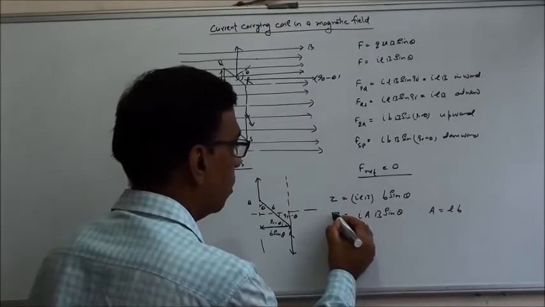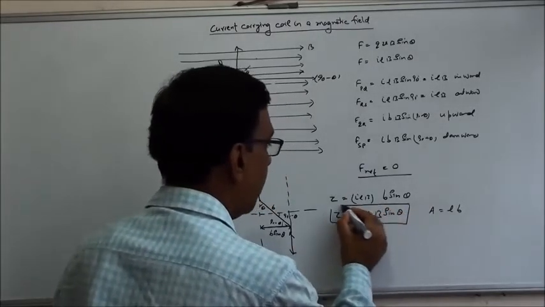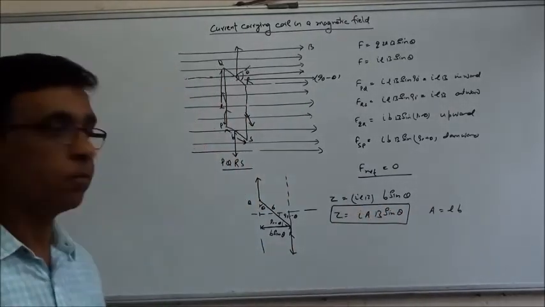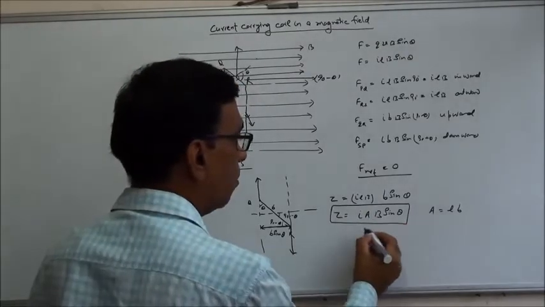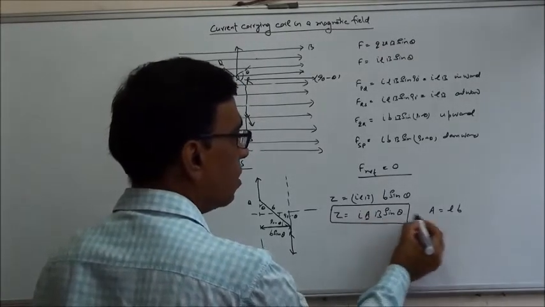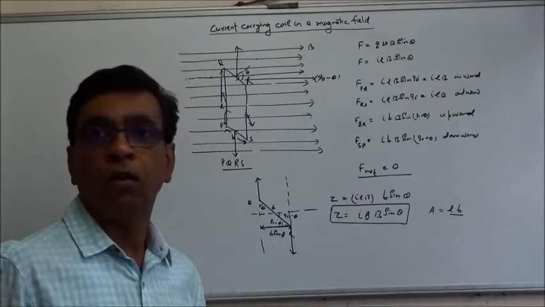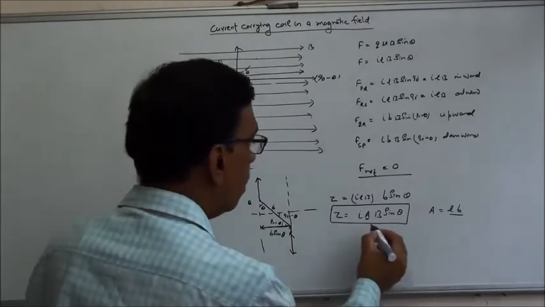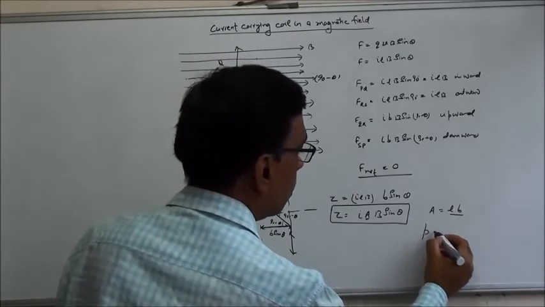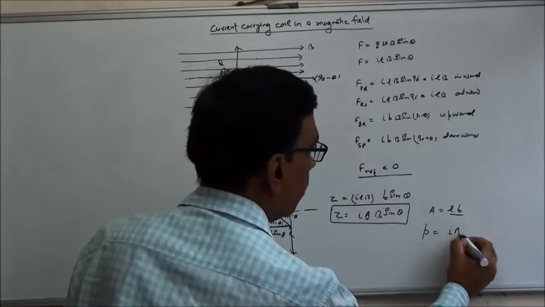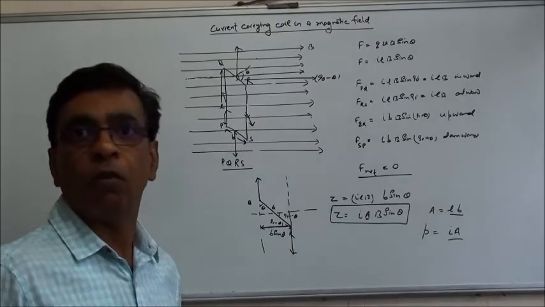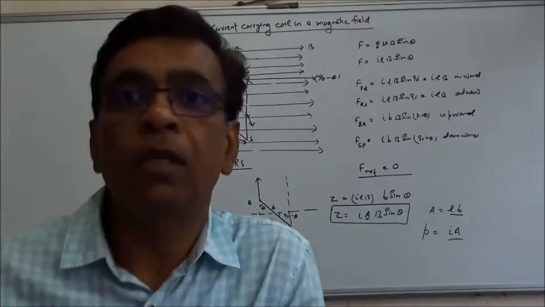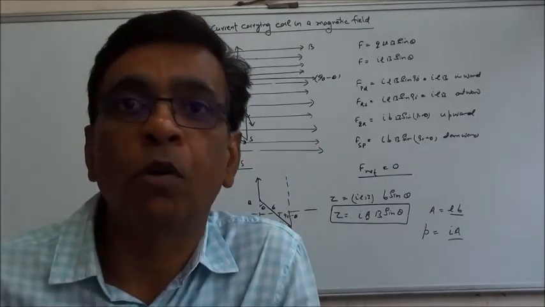The torque that will act on this coil is NIAB sin theta, where A is the area of the loop, L into B. Now, this term, I into A, if you can recall, we call this the dipole moment.